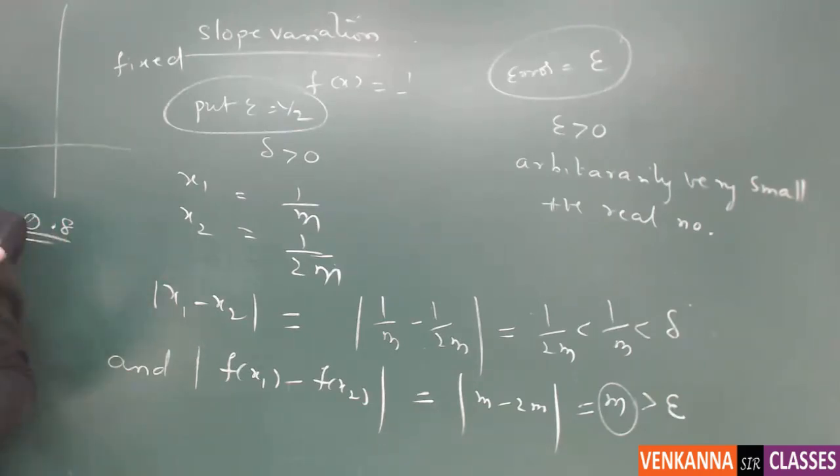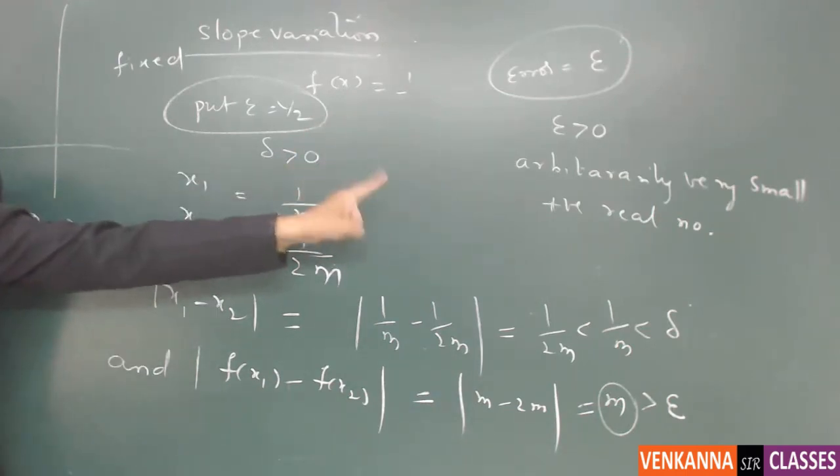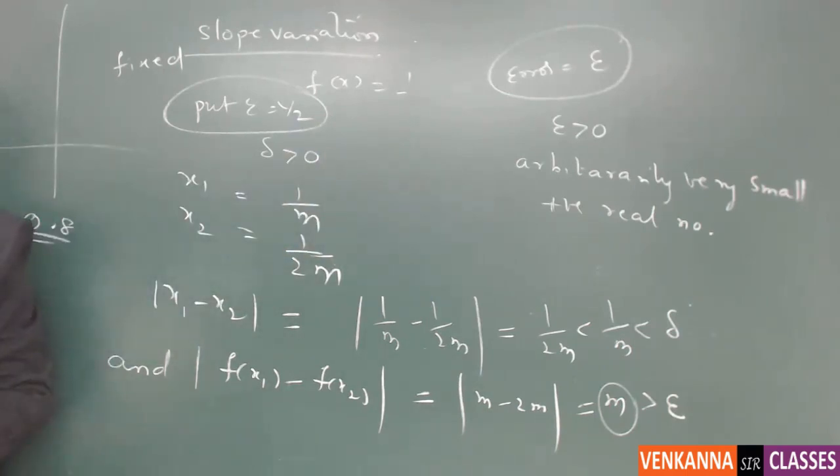While doing the experiments, how much error we are allowing, you can take as epsilon. If you say that the error is greater than 1, it means you are allowing huge error. Will you agree for the practical situation? No. So just take that epsilon is always an arbitrarily very small positive real number. Always we fix that it is greater than 0 and at the most equal to 1, while doing the problems.